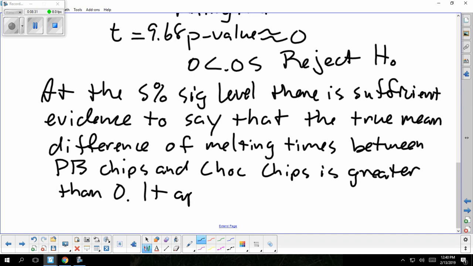It appears peanut butter chips take longer to melt.